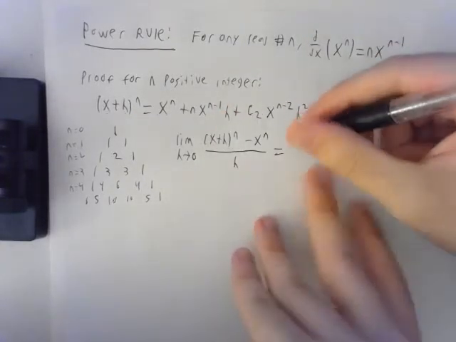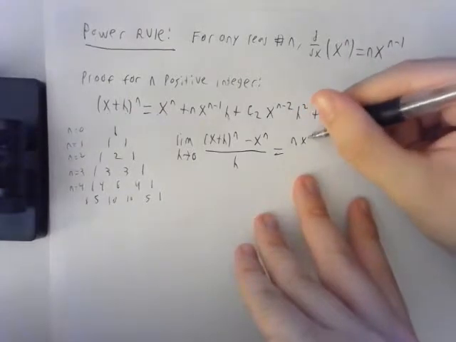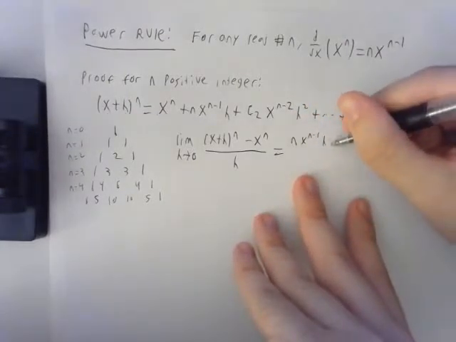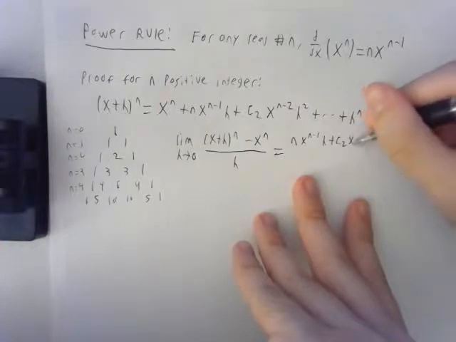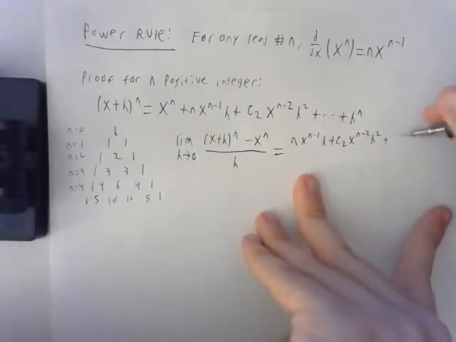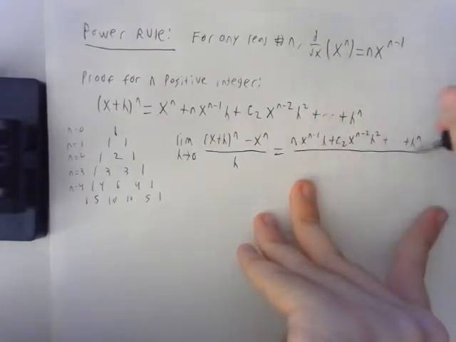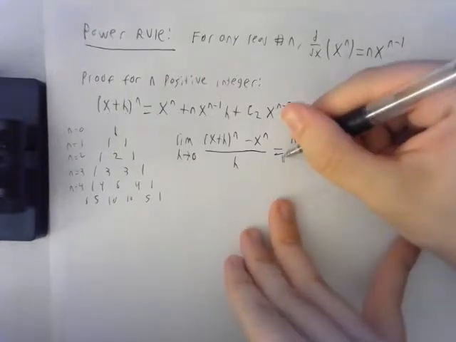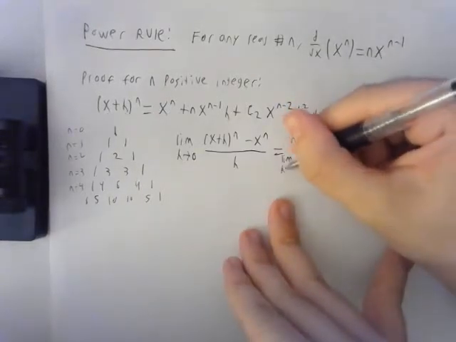Those will cancel. We'll have n x to the n minus 1 h plus c2 x to the n minus 2 h squared plus a bunch of terms with higher powers of h in them, ending in h to the power n. Then we'll divide by h, and of course, as usual, I forgot the limit as h goes to 0.